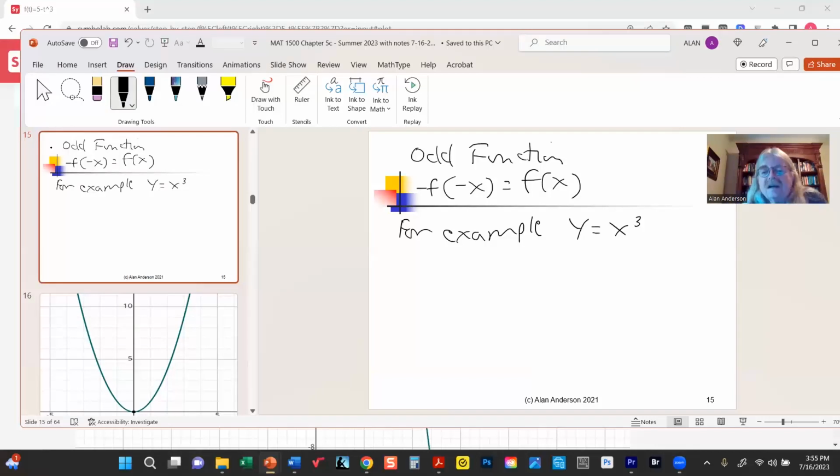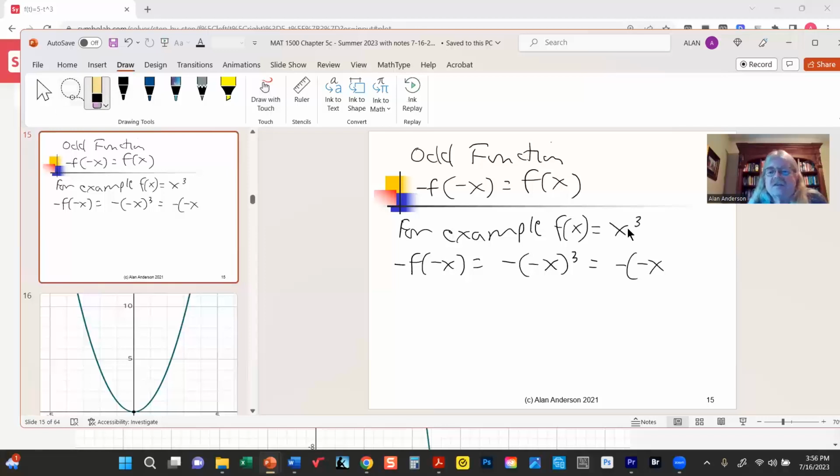Why do I say that? Because, or actually, I'll write it as f of x. Negative f of negative x would be negative x cubed. And of course, negative x cubed is negative. So you just end up with positive x cubed.